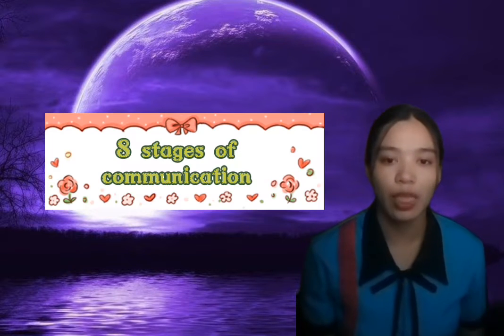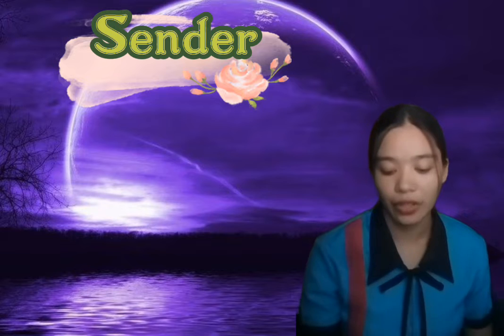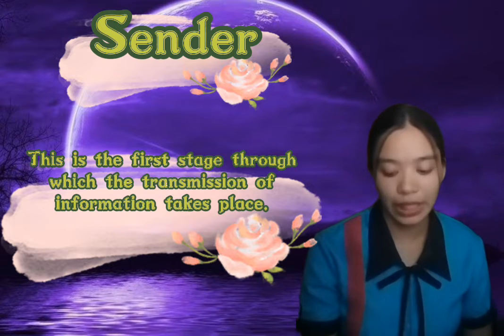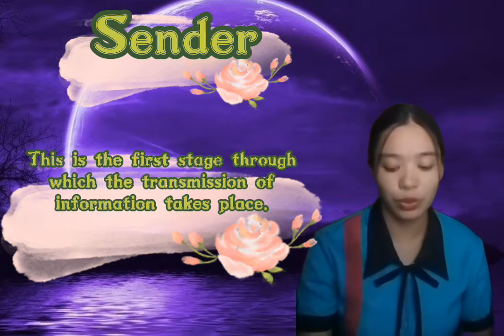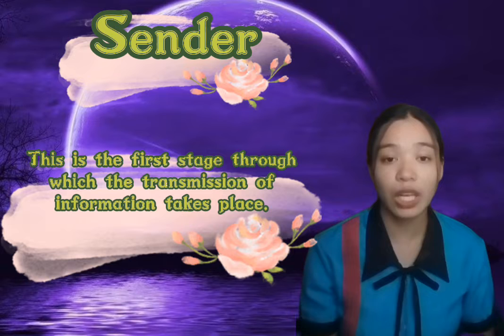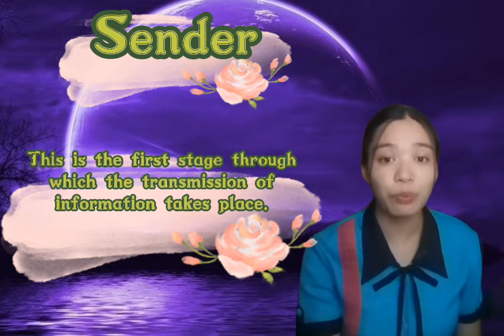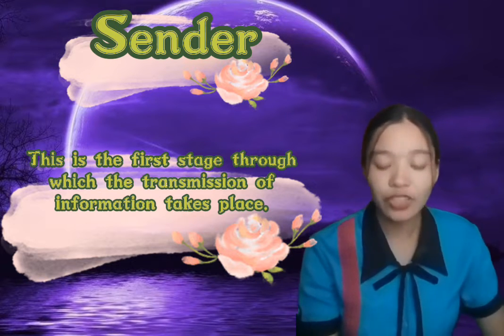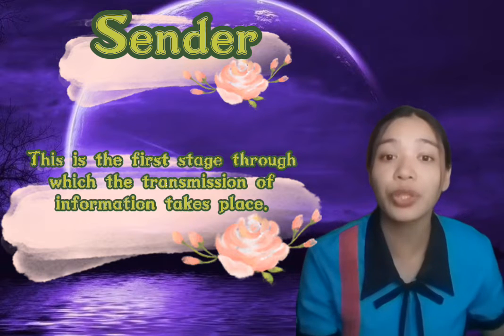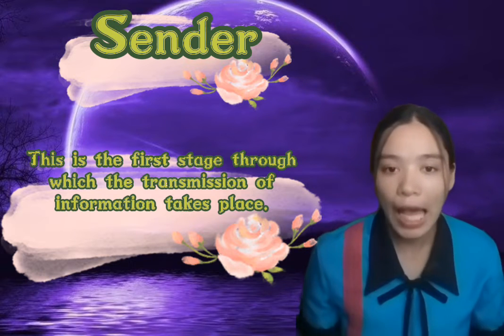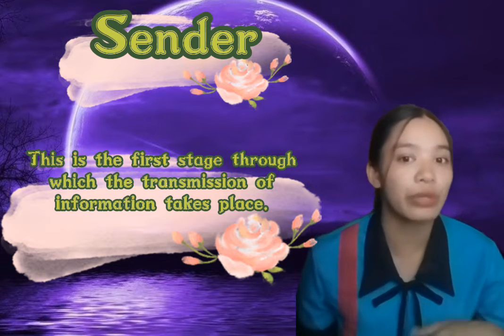Aside from the types of communication, there are also eight stages of communication. The first one is the sender. The sender is the first stage of communication, through which the transmission of information takes place. The sender's main task is to generate the message and ensure that the message will be received by the receiver.